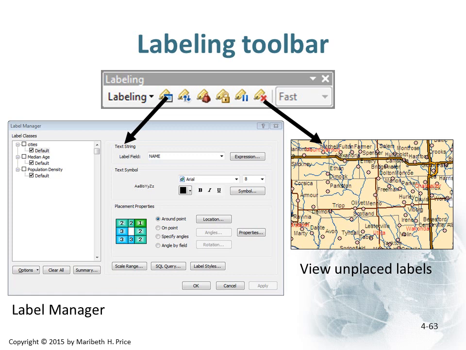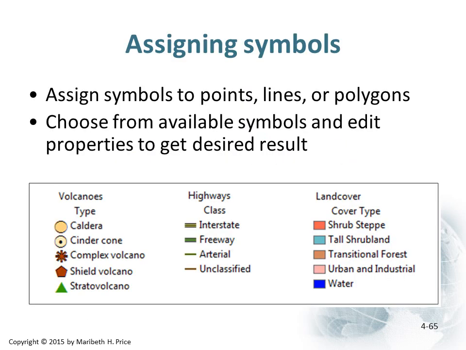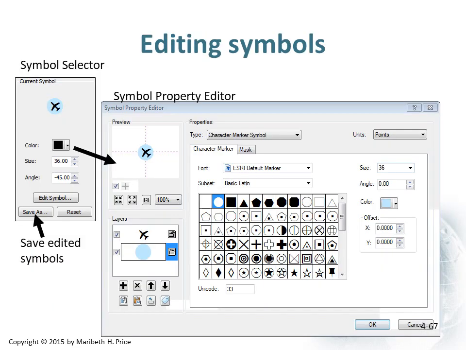It's your labeling toolbar. How do we symbolize features? Again, we've already talked about the different things that you can do earlier, different styles that you can use. You can go in and edit the individual symbols. For example, if you're doing an airport and you know that departing planes leave in a certain direction and landing planes come in from another side, you literally could point your little airplane in the direction that you want, whether to symbolize something landing or taking off.